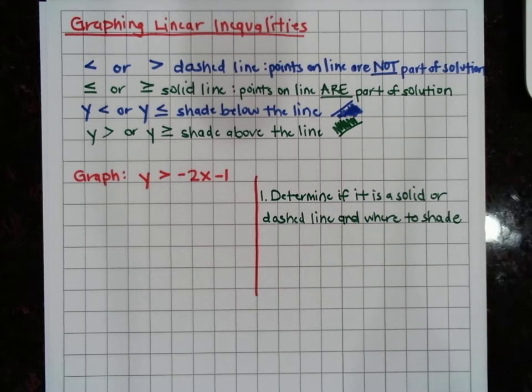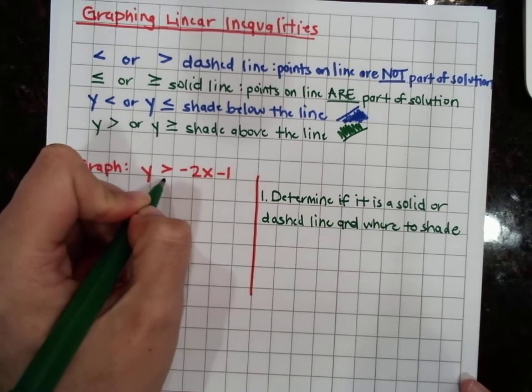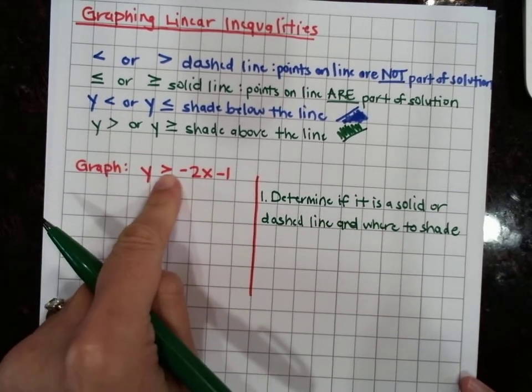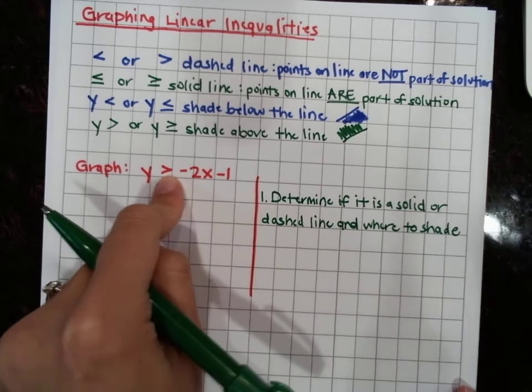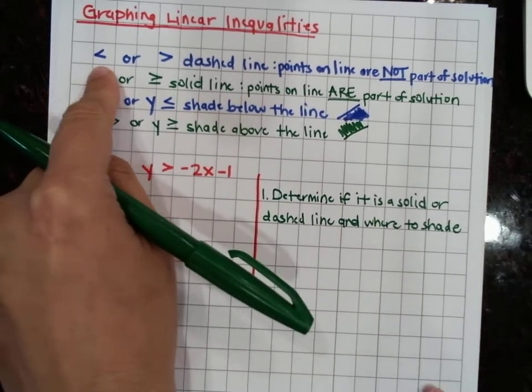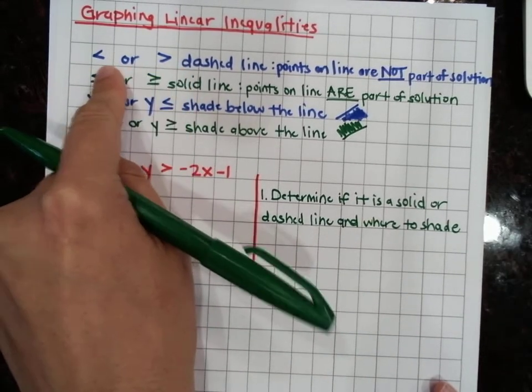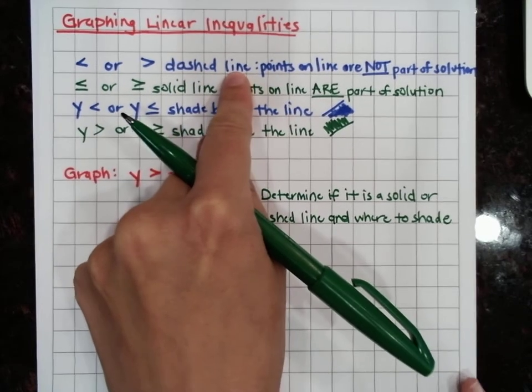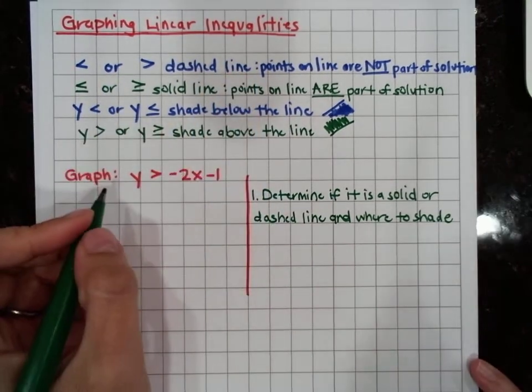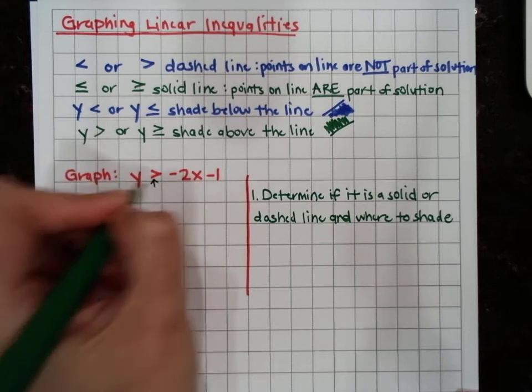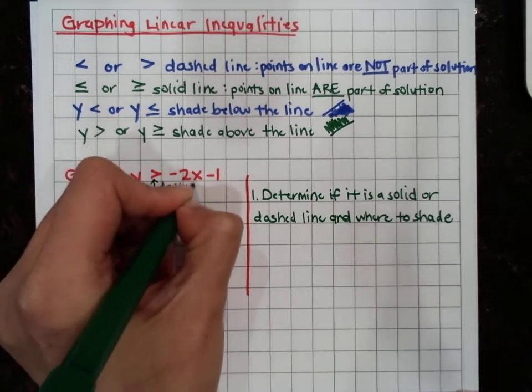This is really the only new step. So you're going to look up here and you're going to look at the symbol. And since y is greater than, remember that line is not part of the solution, and so we're going to show that by using a dashed line. So this inequality symbol tells us it is a dashed line.